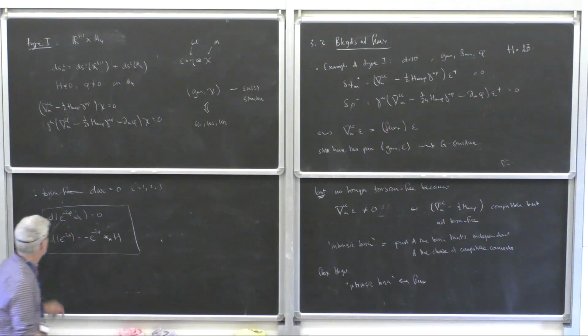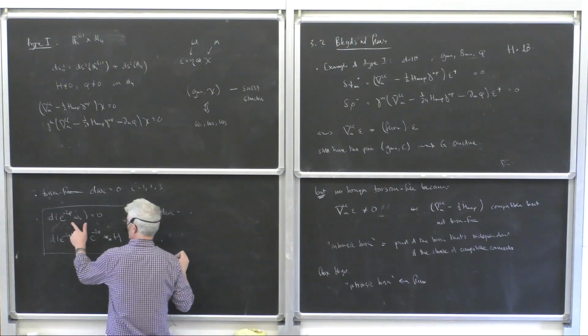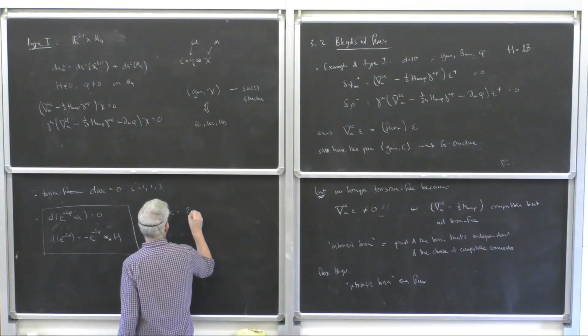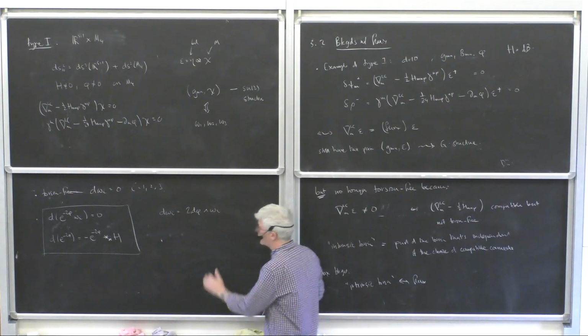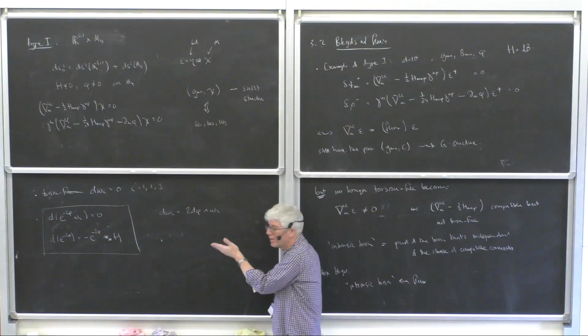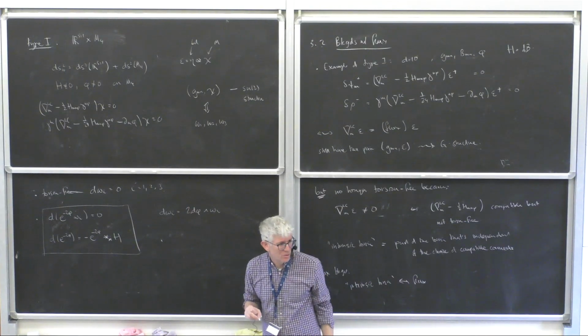And if you look at these, you see that now we have d omega_I is actually equal to something like 2 d phi wedge omega_I. So we're getting some intrinsic torsion here, right? It's no longer 0. You get something on the right-hand side. That's some kind of intrinsic torsion.